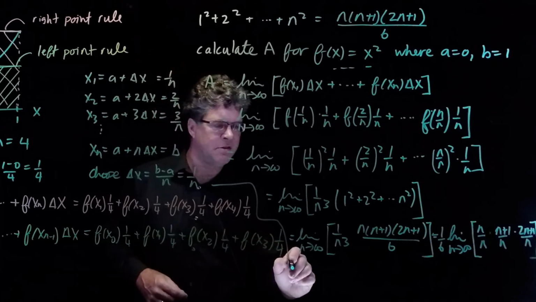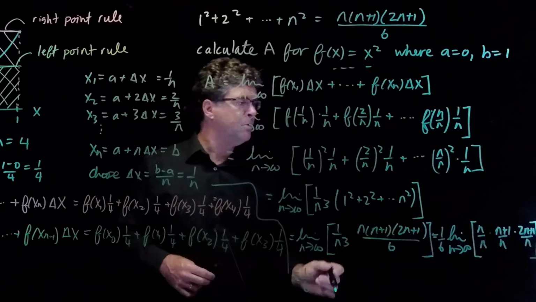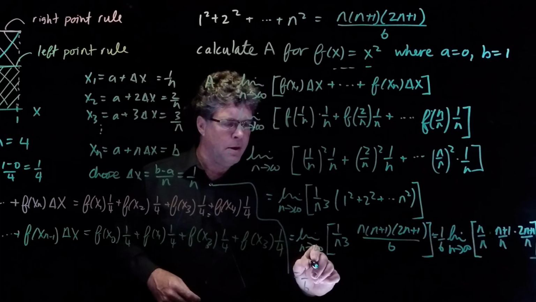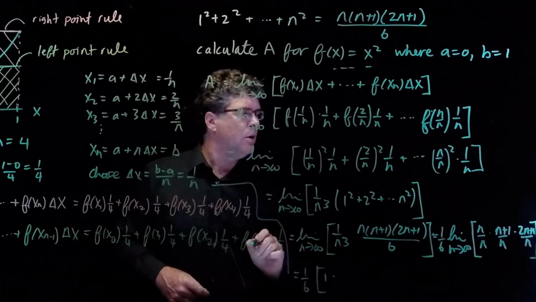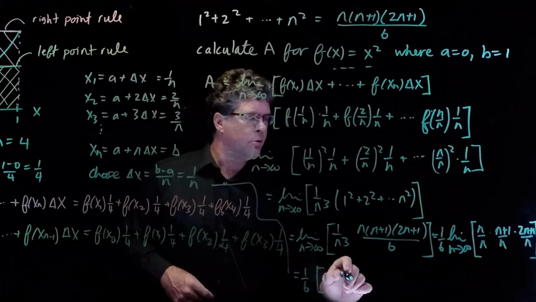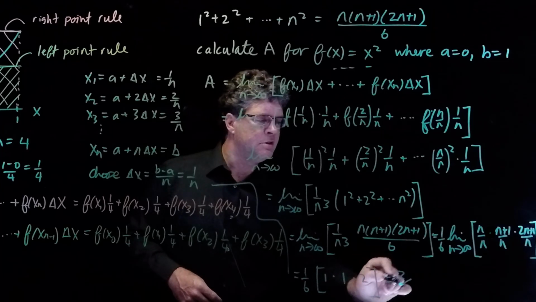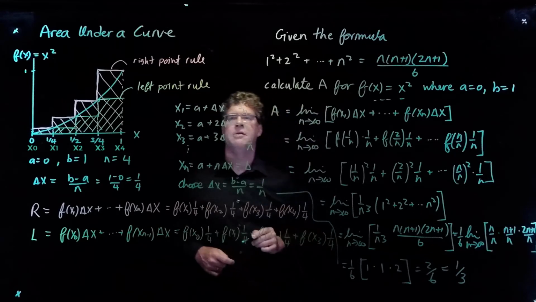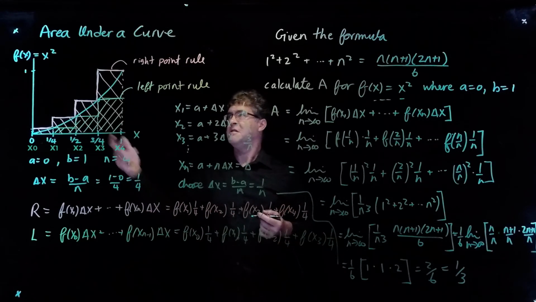We'll see the n over n will go to 1, the n plus 1 over n will go to 1, and the 2n plus 1 over n will go to 2. And so this is equal to 2/6, which is equal to 1/3. That's a way to calculate the area under the curve for f of x equals x squared.